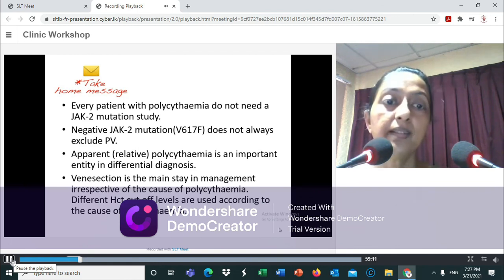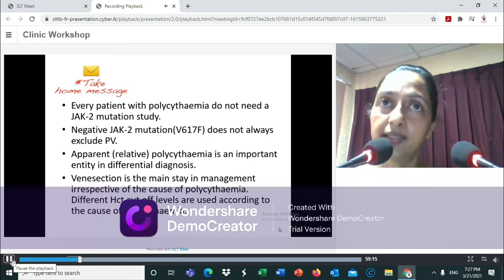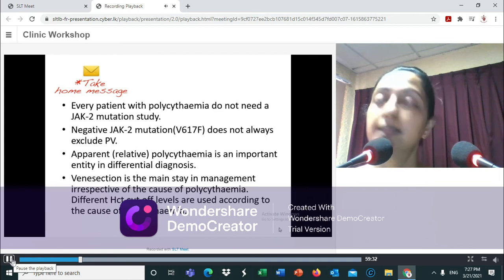Then a negative JAK2 mutation does not always exclude polycythemia vera. Apparent polycythemia is an important entity in the differential diagnosis. And venesection is the mainstay in management, irrespective of the cause of polycythemia, and the cutoffs are different.